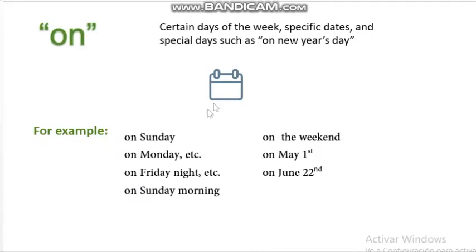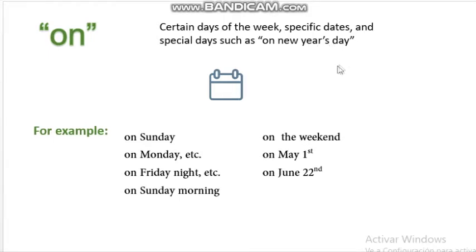Now we are going to move on to the preposition on. This preposition of time is used to discuss certain days of the week, specific dates, and special days such as on New Year's Day, for example.